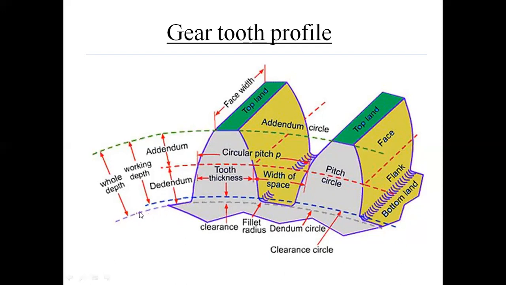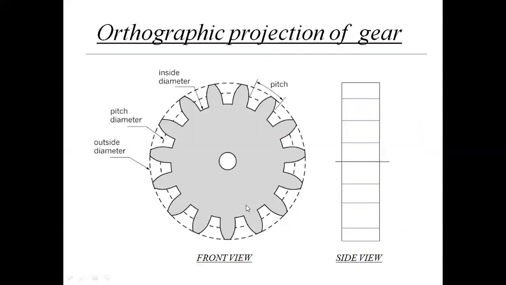The dedendum circle is shown by the blue line here. If you see any gear, you can see these three circles. One is the pitch circle, which is most important. Second is the addendum circle, which passes through the top land of the gear tip. And third one is the dedendum circle, which passes through the bottom of the gear tip. So the dedendum circle is the inside circle.